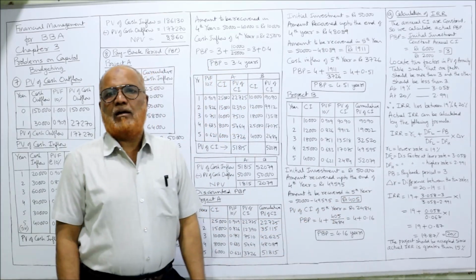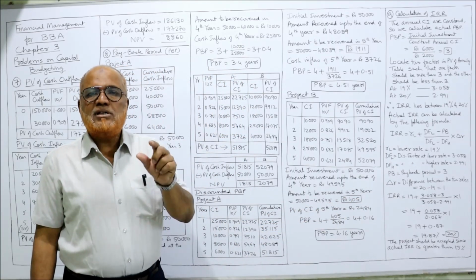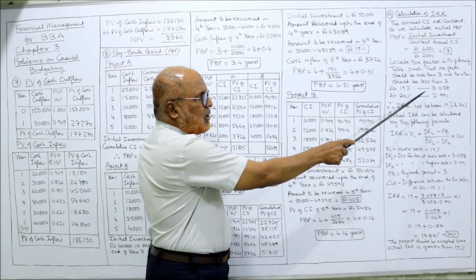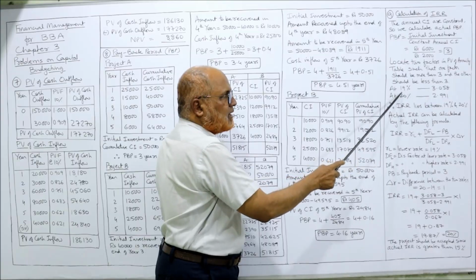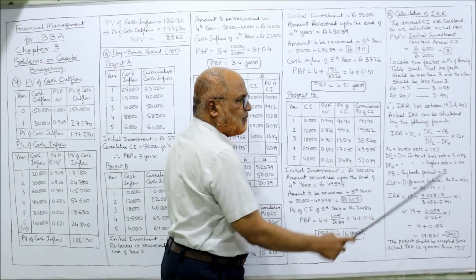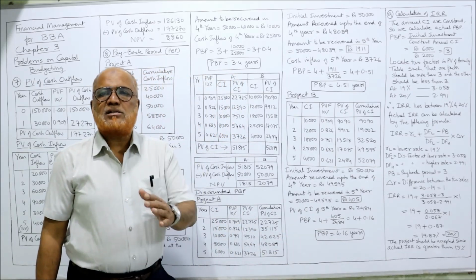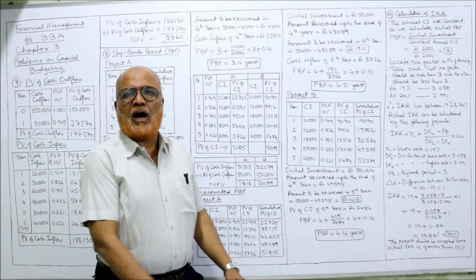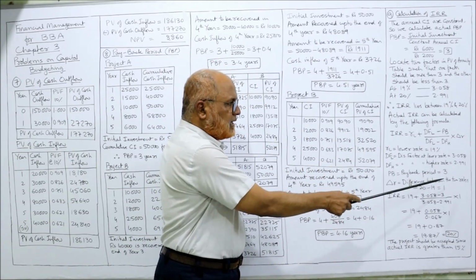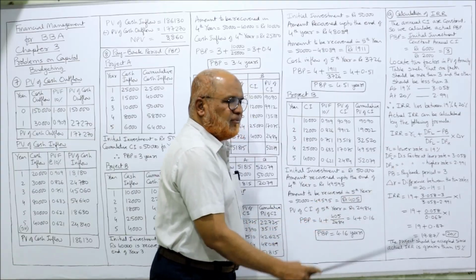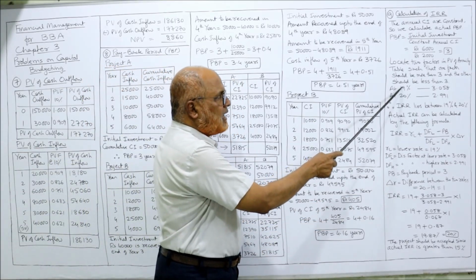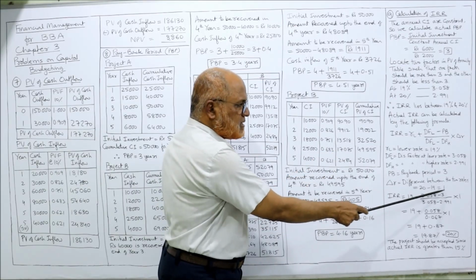Then DFL, discount factor at the lower rate, is 3.058. DFH, discount factor at the higher rate, 20%, is 2.991. And delta R means the difference between the two rates. The two rates are 20 and 19. The difference, 20 minus 19, is 1.